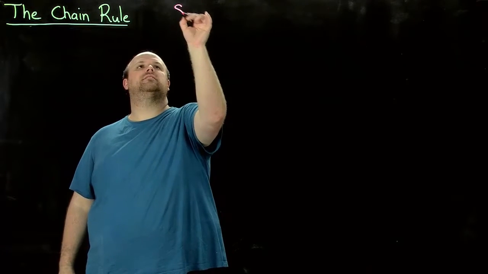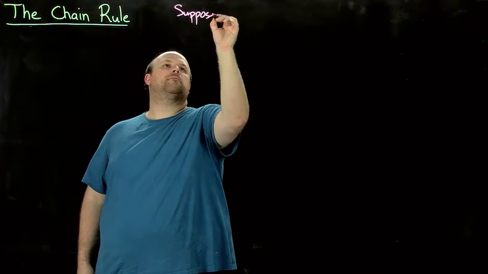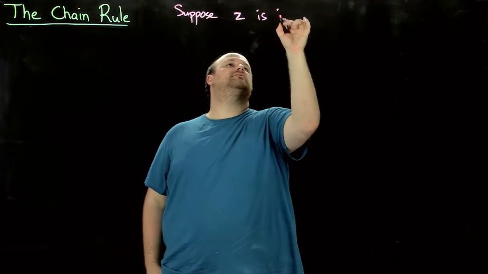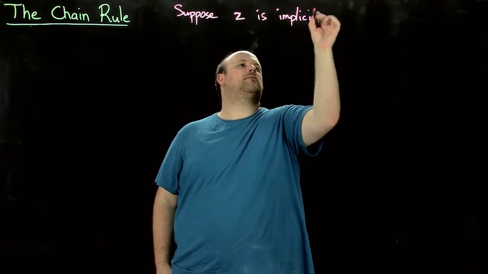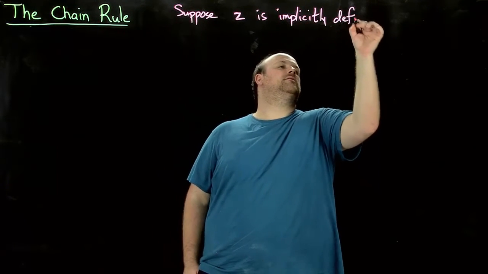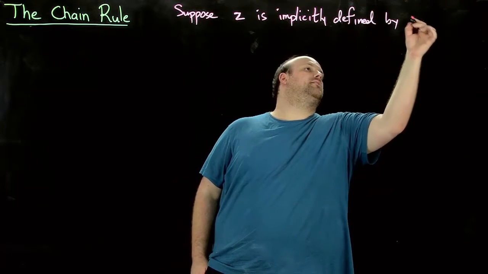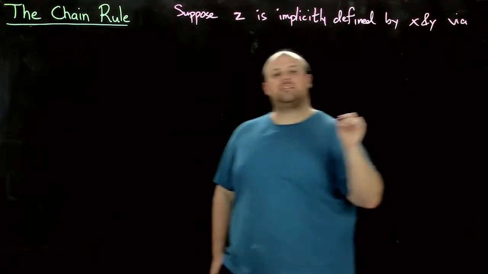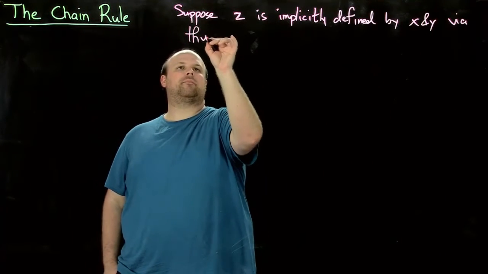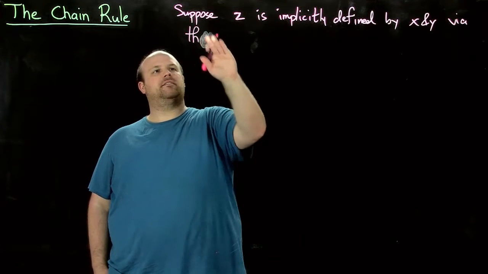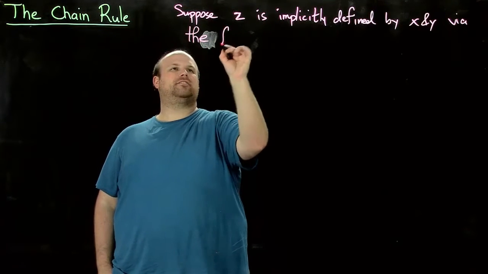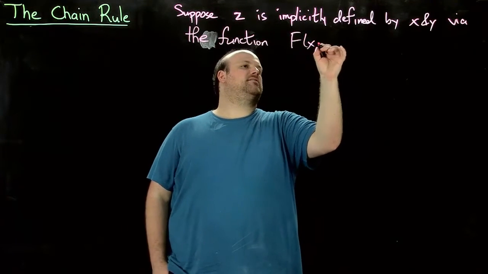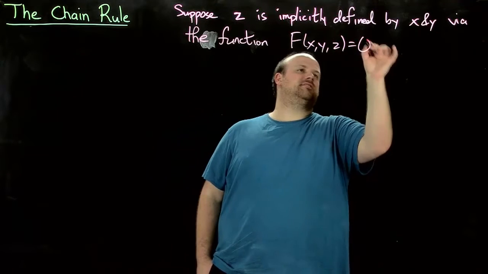Suppose z is implicitly defined by x and y via the function f of x, y, z equals 0.